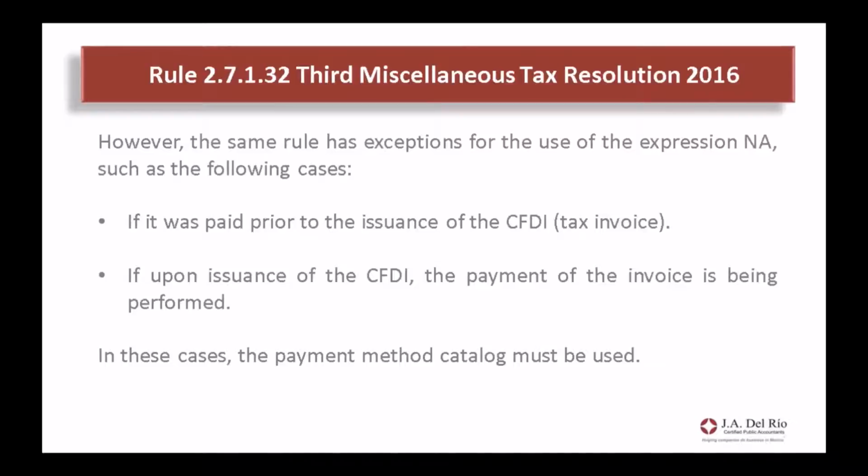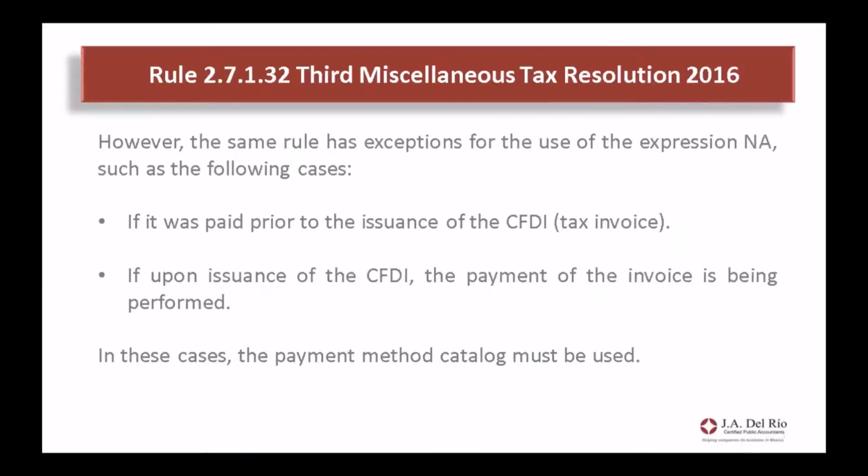Now we are going to continue with the exceptions of this rule. And in here, it's not possible to use the expression NA, not applicable, in the following cases. 1. If the payment was made prior to the issuance of the CFDI, we can no longer use NA. We will have to use the exact method of payment.